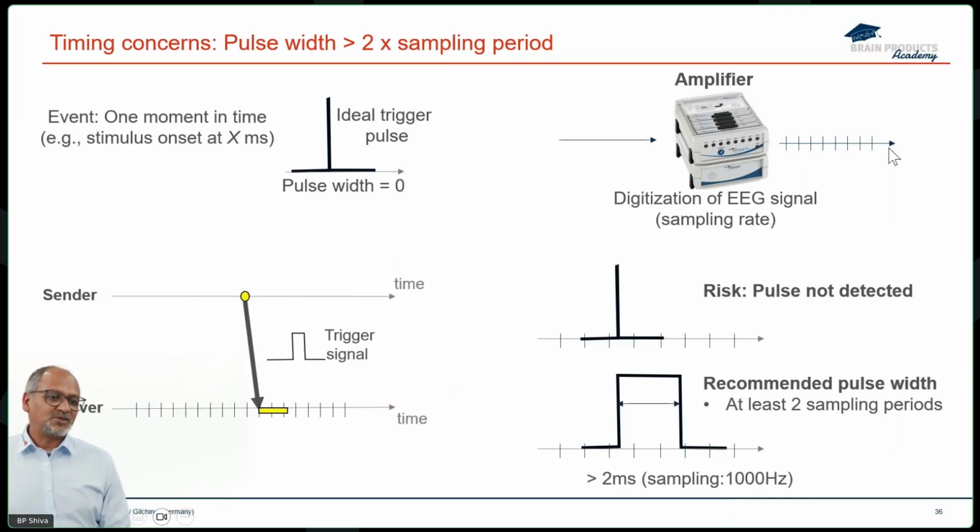So when you send this idealized pulse, there is a risk that it will not be detected. For example, it could arrive at the receiver between consecutive samples and not be detected at all. So a recommendation is that the minimum pulse width is at least 2 sampling periods. That could be very small, but it's an important consideration.